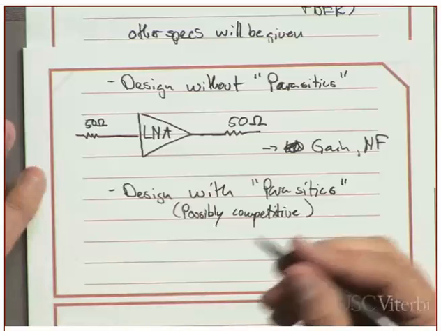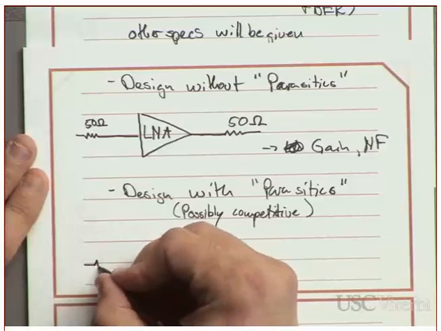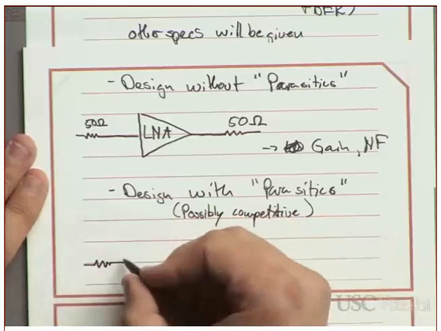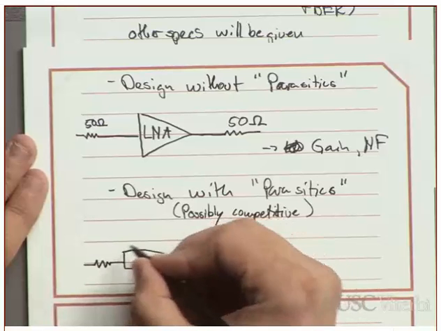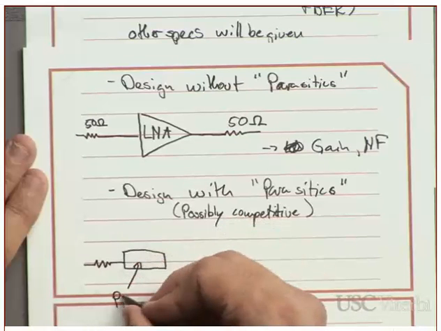It'll be some points. But what this one's going to look like is you'll have your 50 ohm input, and then you'll have some sort of parasitic network here.